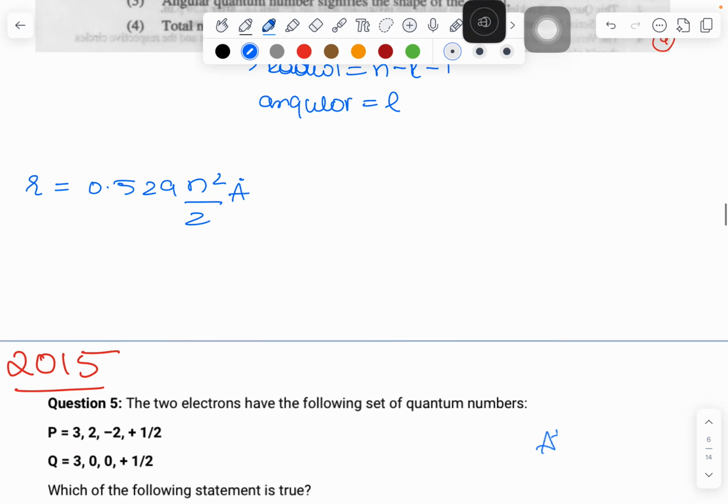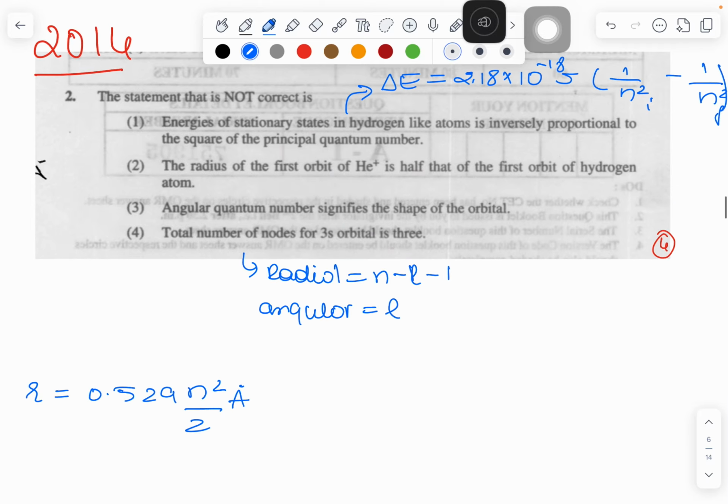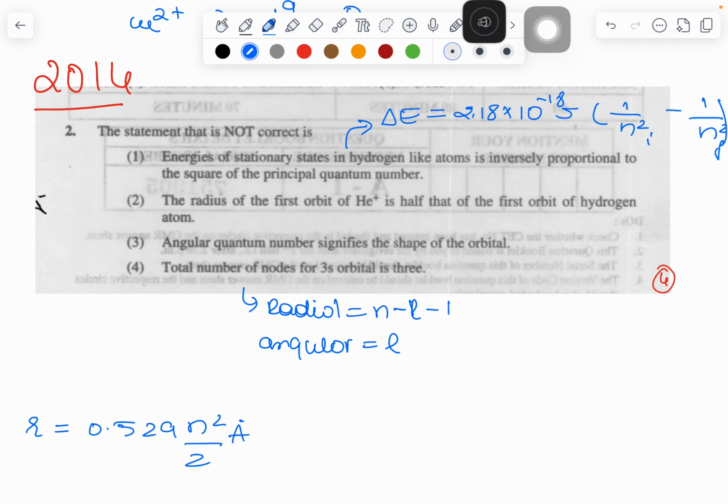2014 question, one of the most interesting questions and one that I liked: the statement that is not correct. Okay, let's see which is not correct. First: energies of the stationary states in a hydrogen-like atom are inversely proportional to the square of the principal quantum number.